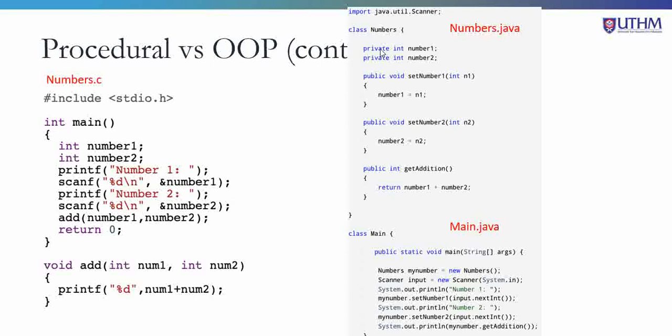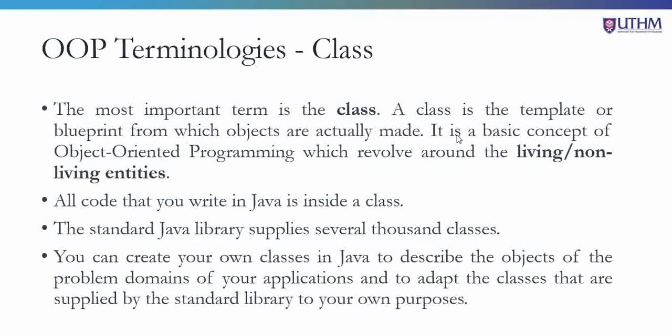Okay, so the term of combining data and function together in one class, we call it encapsulation. So these are the terminologies. Okay, this is one of the terminologies: class. Class is a blueprint or a template of an object that is actually made.